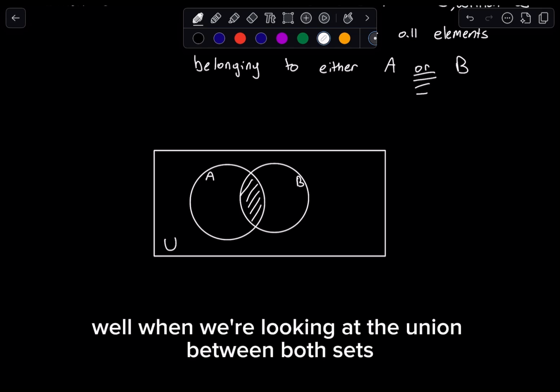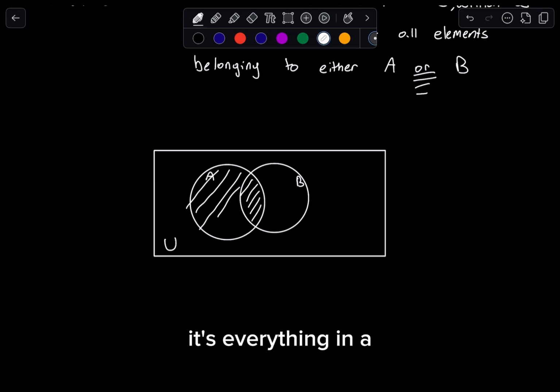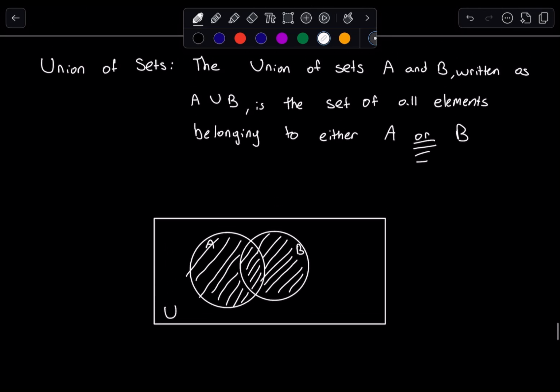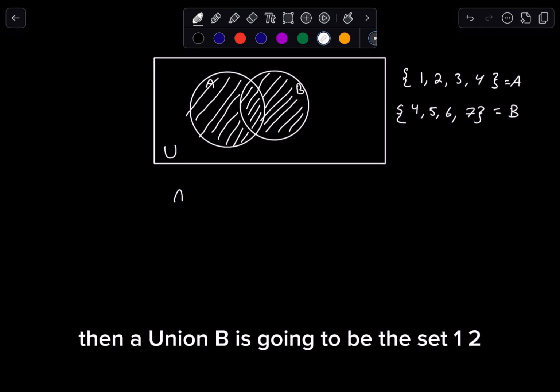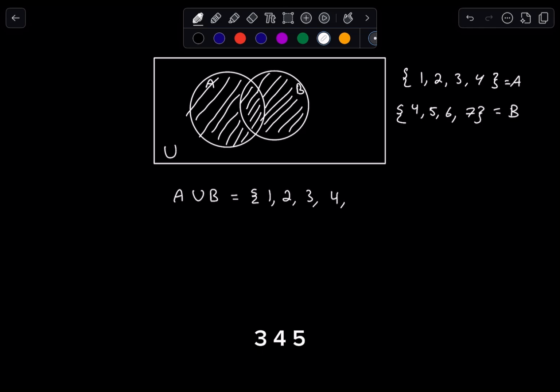Well, when we're looking at the union between both sets, it's everything in A and everything in B. So if A was 1, 2, 3, 4, and B was 4, 5, 6, 7, then A union B is going to be the set 1, 2, 3, 4, 5, 6, 7.